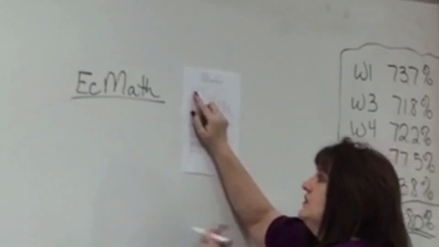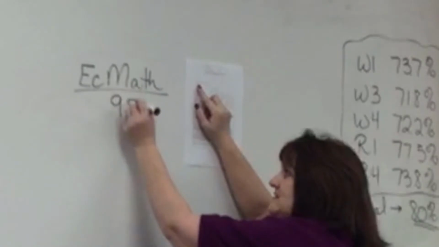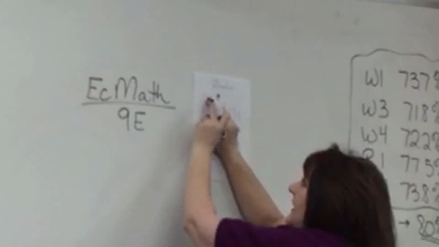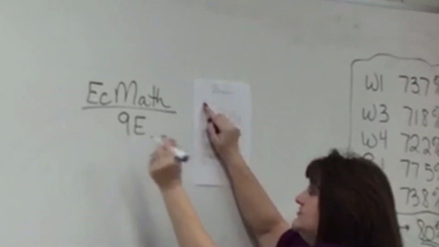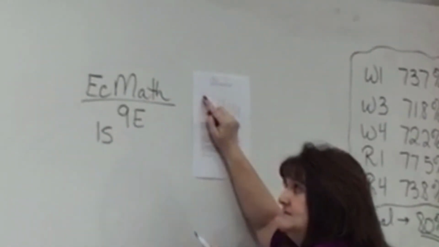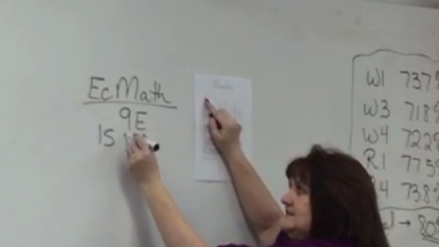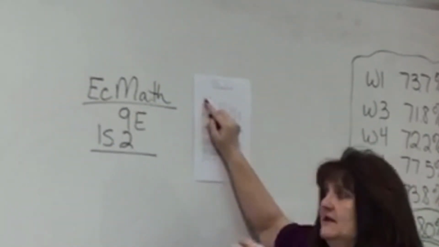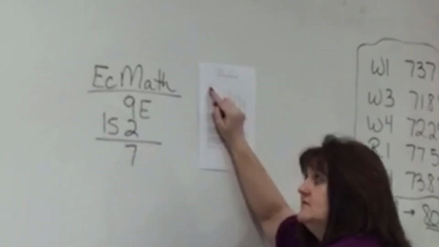So, I have 9 electrons to start with. According to the chart, I start with 1s. I take them to 1s and 2 people are able to sit down. Now I have 7.